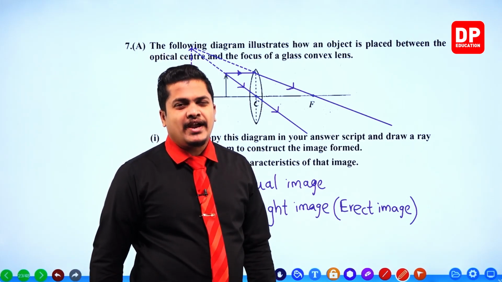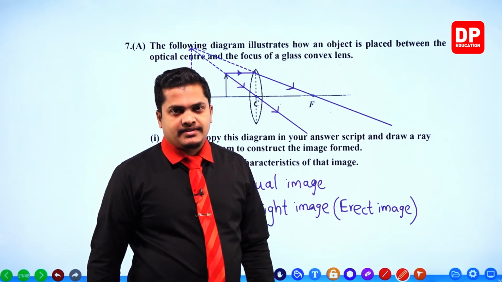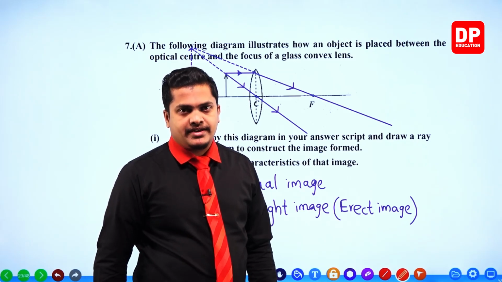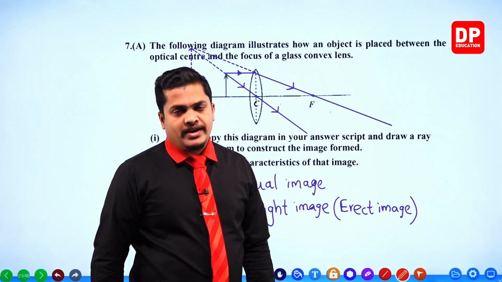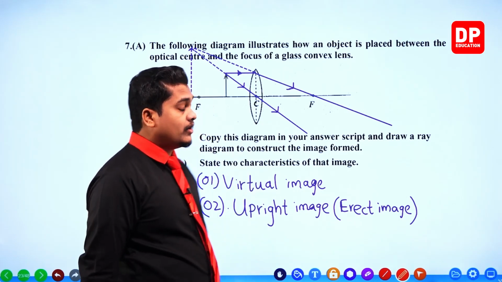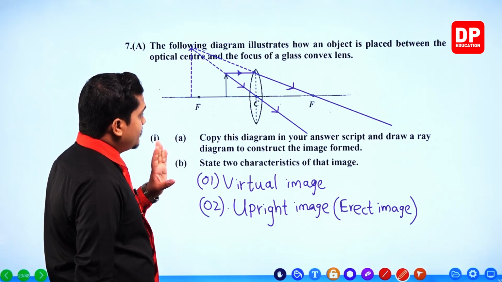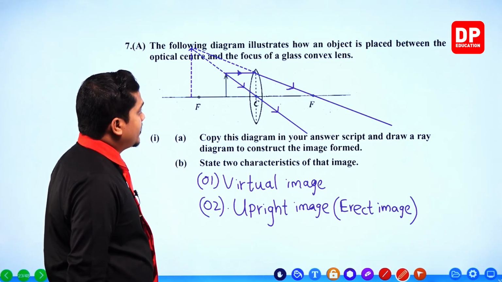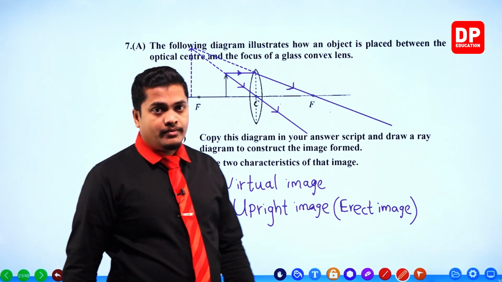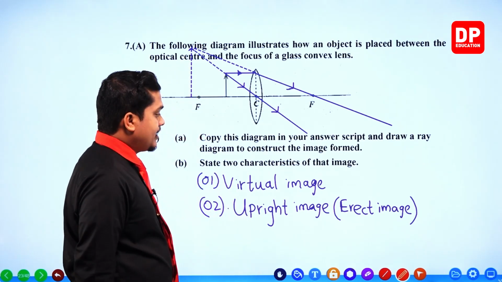It's not upside down. Sometimes the images are upside down. If so, my dear children, those are inverted images. However, according to the diagram, this image is in the same direction as the object. So therefore, my dear children, this is an erect image or else an upright image.